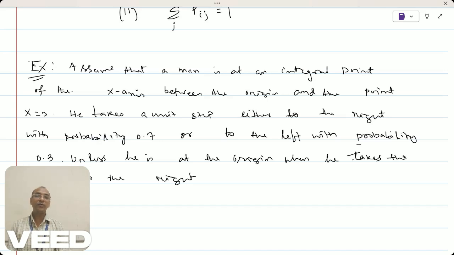He will have only one option, that he will move to the right. Similarly, when he is at the point x equal to 3, he will have only one option, that he can move to the left, not to the right, because x equal to 0 is one end point and x equal to 3 is the other end point.